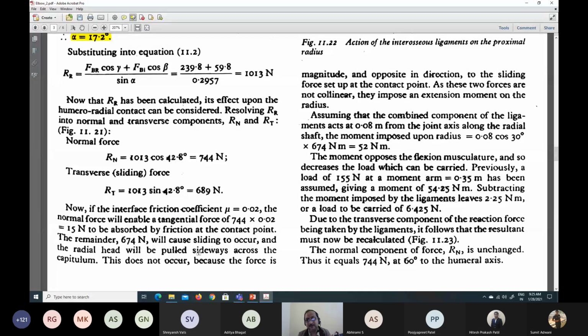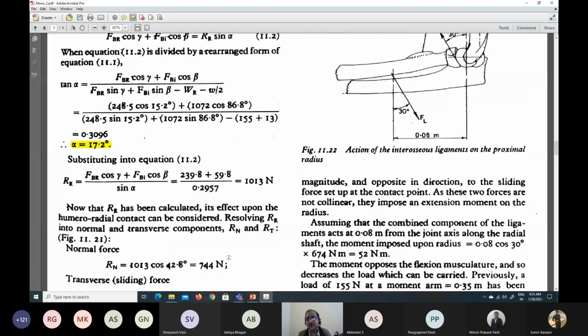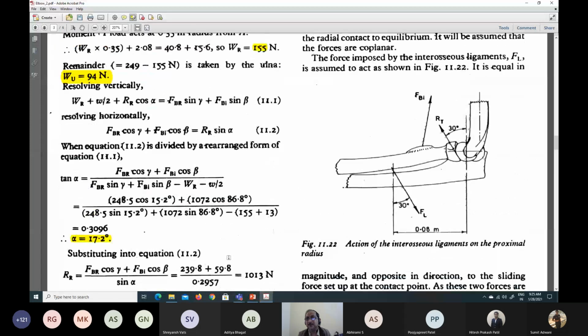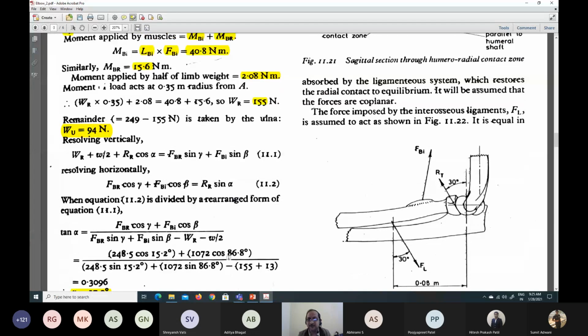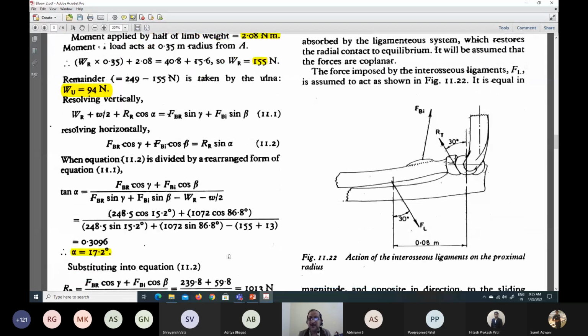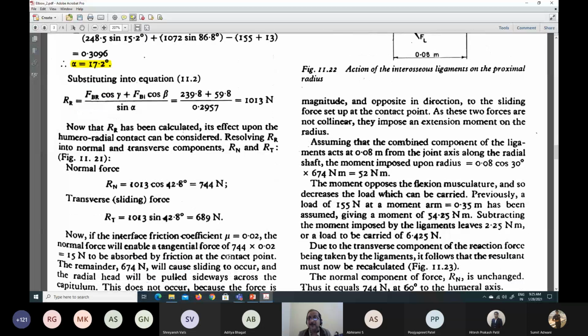from the capitulum. However, as I told you, this never occurs, and there is some force which is actually trying to neutralize this remaining force of 674. For example, for this case, based on this data, we are saying 674 Newton. So this is basically taken up by the ligamentous system.